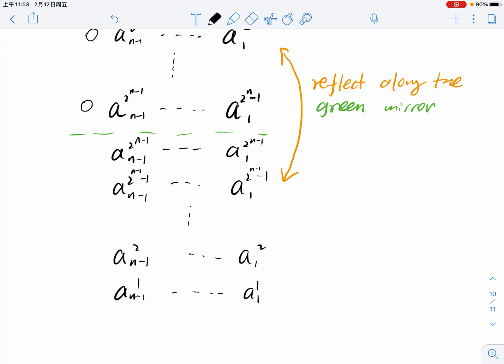Okay, then you put 1 in front of that. So that's exactly the geometric meaning, the mathematical meaning for our geometrical description.